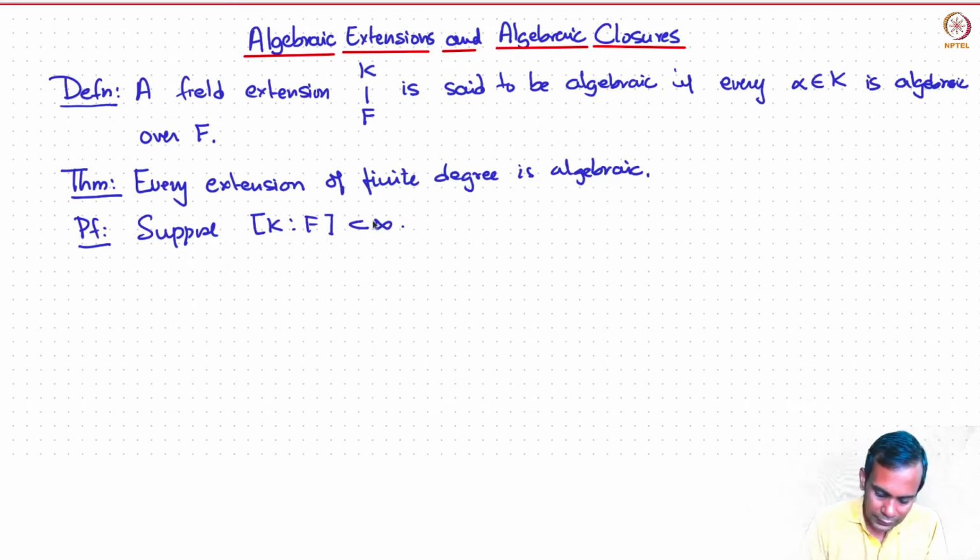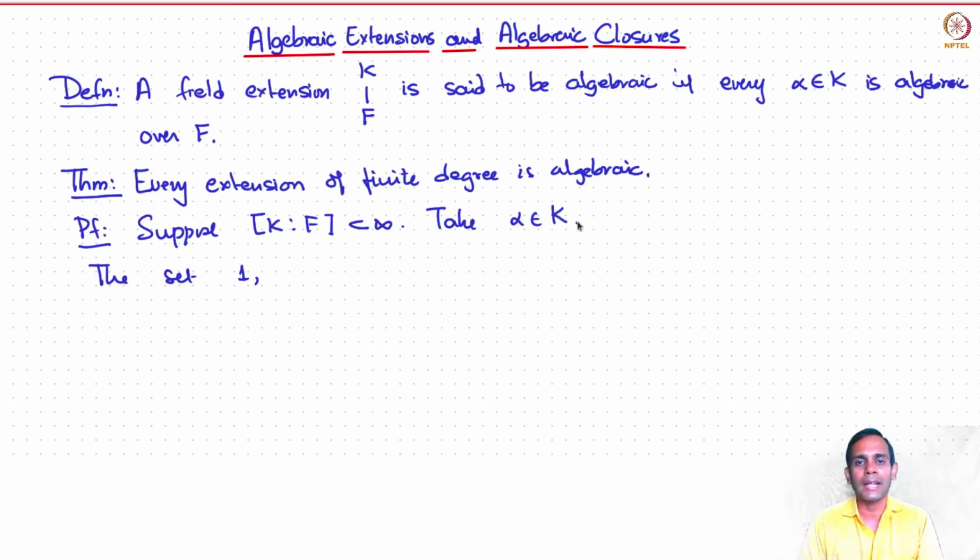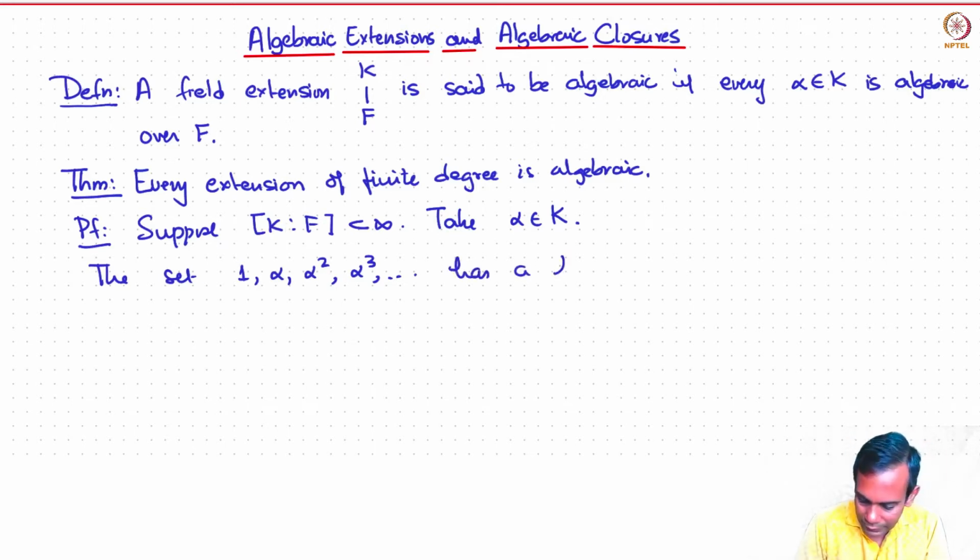Now take alpha belonging to K. We need to show that alpha satisfies a polynomial equation with coefficients in F. So the set 1, alpha, alpha squared, alpha cubed, and so on cannot be linearly independent, and therefore there must be some linear relation between these elements, because K over F is a finite dimensional vector space over F.